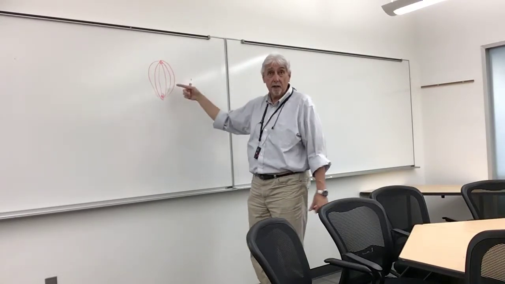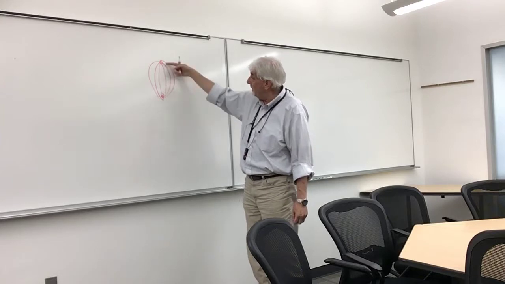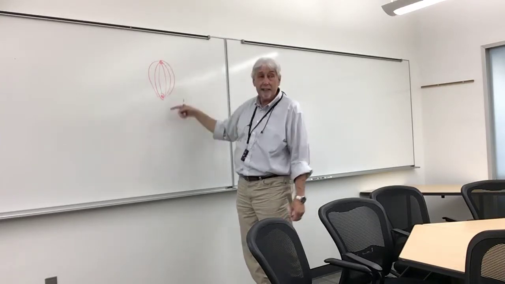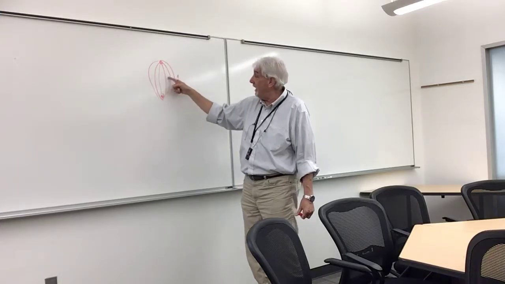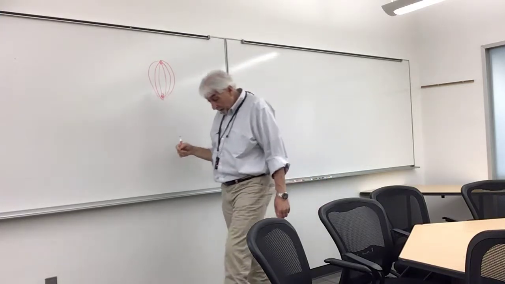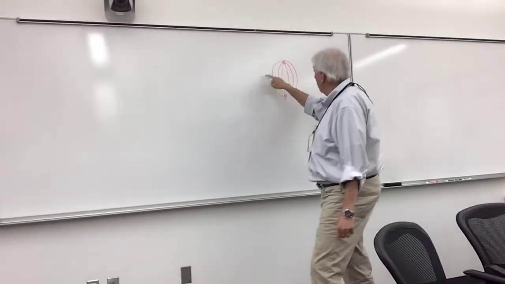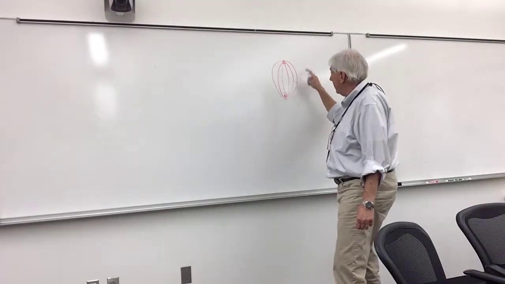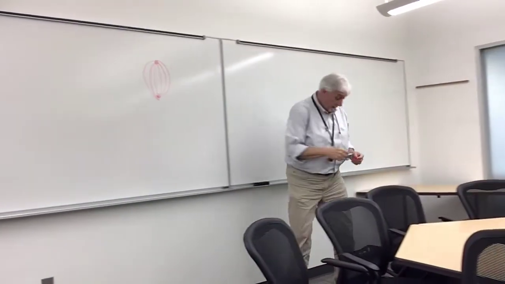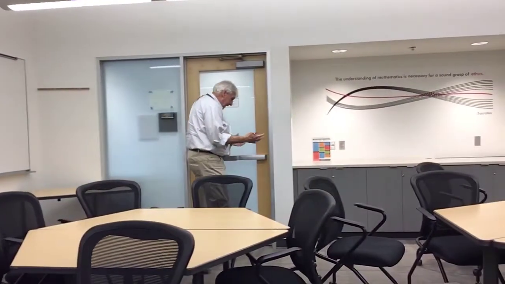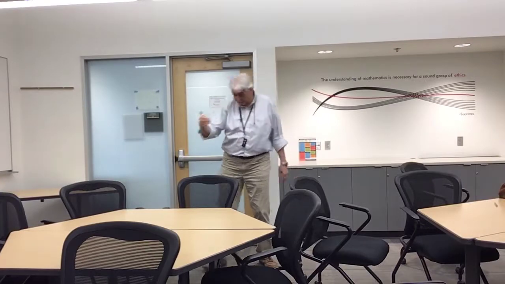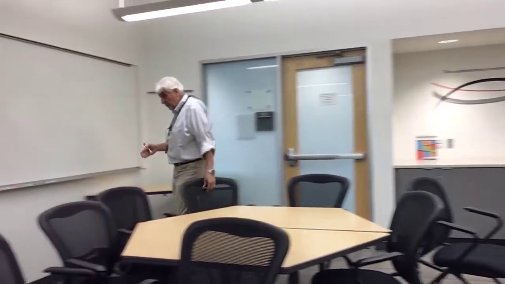None of the edges cross. It's a multigraph because I have in between these 2 vertices 6 edges. Notice that I have 1, 2, 3, 4, 5, 6 faces.